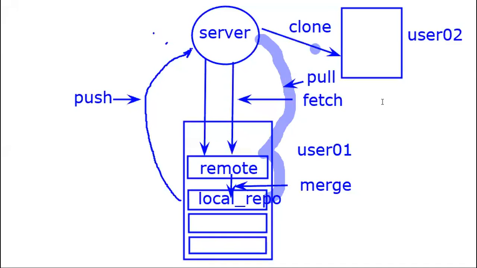What is the clone method? The first time, you will go with this method. When you want to join an organization and start contributing to the already existing project, you will say clone. Clone means take an exact copy and put that copy in my machine. That's all a clone is.